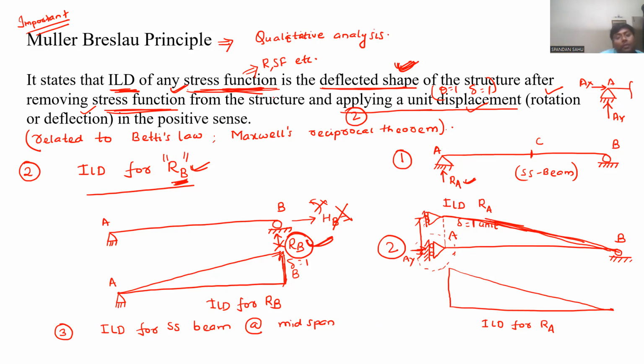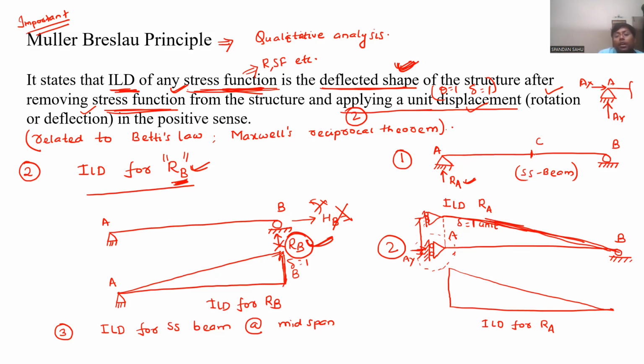According to the statement, first you have to remove that stress function. That is step 1. The second step is, after removal, you give a unit displacement such that the compatibility of the structure as a whole is maintained. Otherwise, the ILD will be wrong.